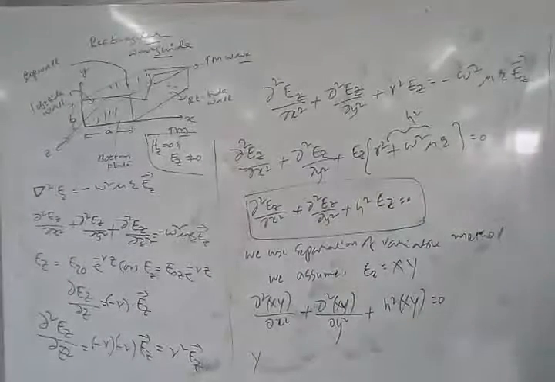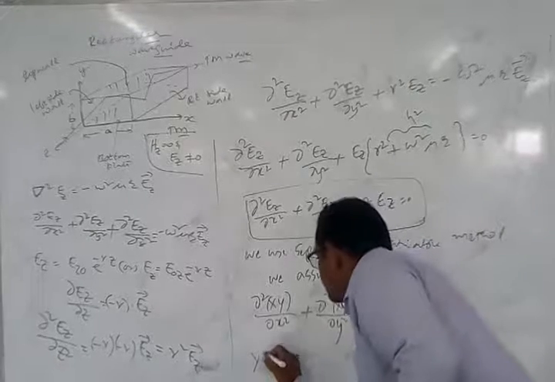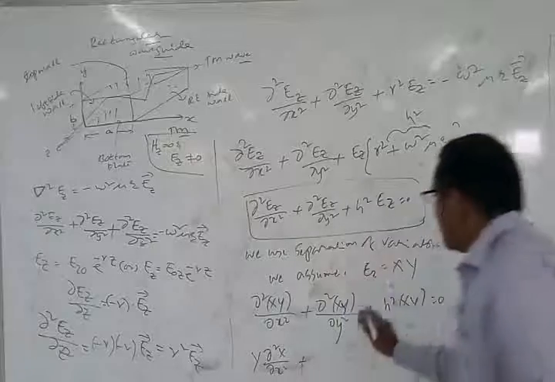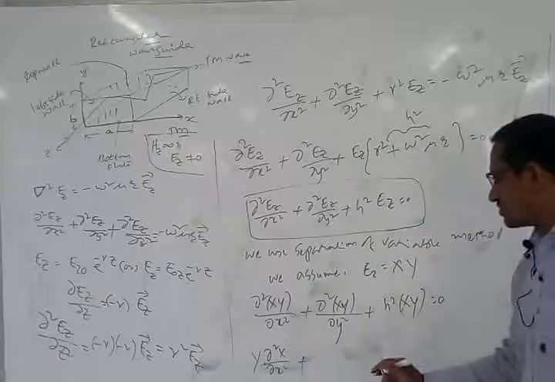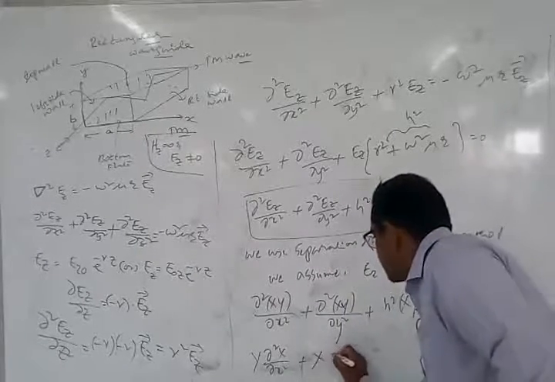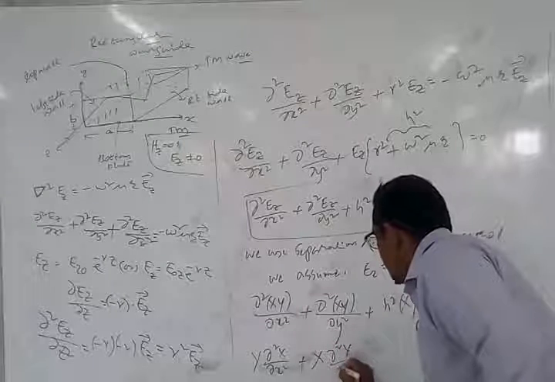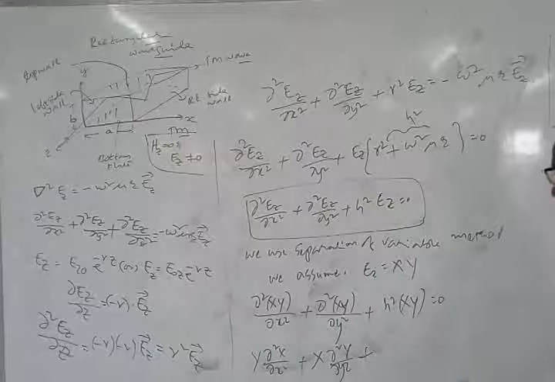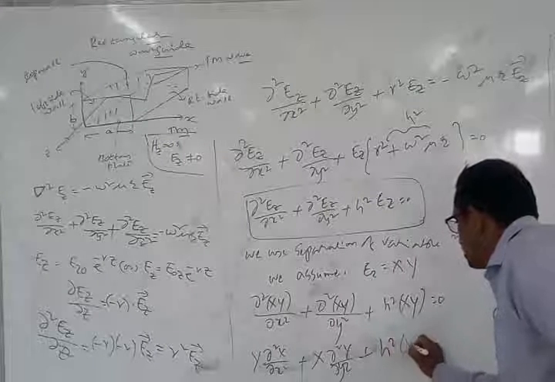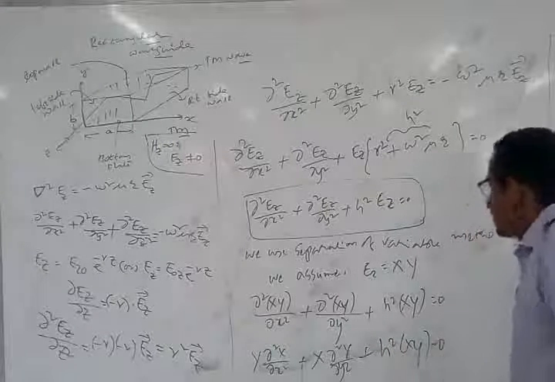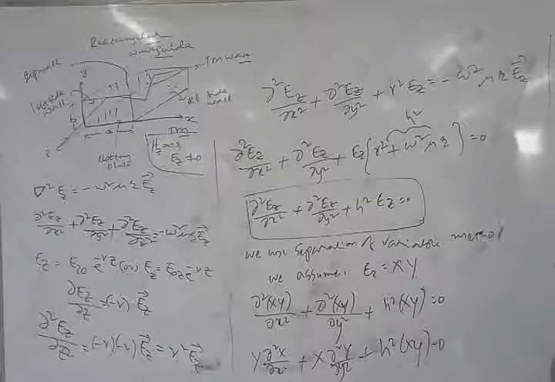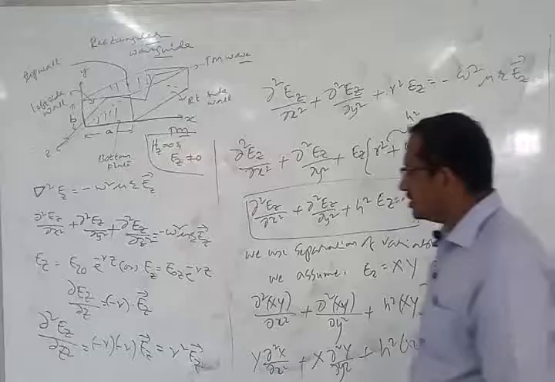So I can write this as Y into dou square X by dou x square. And what about here now? Here x is constant, so X is taken outside, and I write X into dou square Y by dou y square, plus h square into XY. So that is the equation that I will be getting. Now once I get this equation, how do I normally solve it?